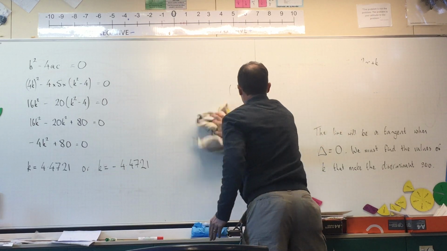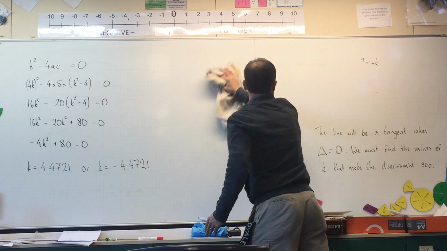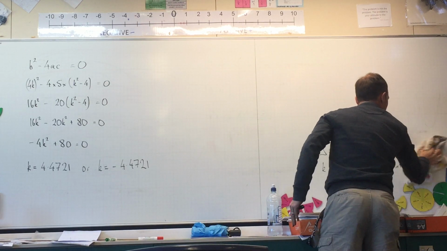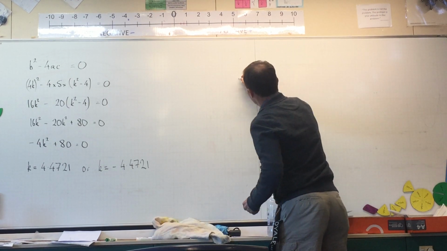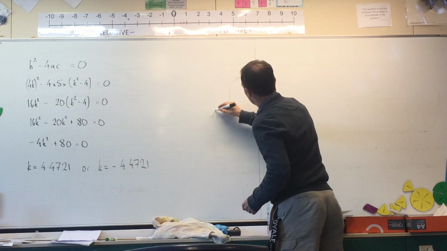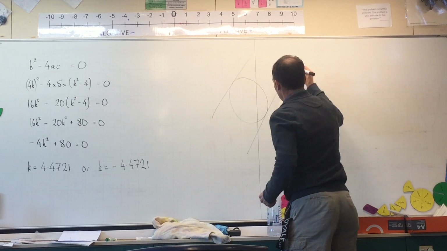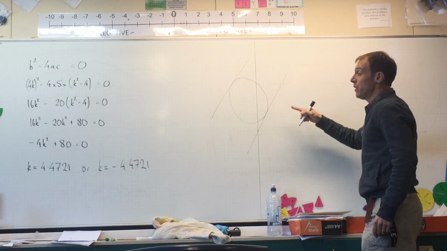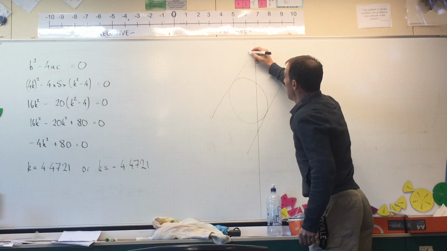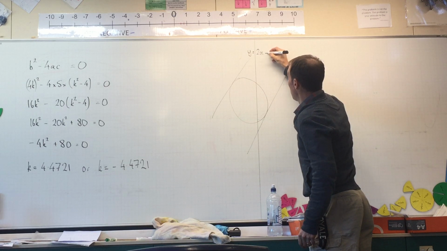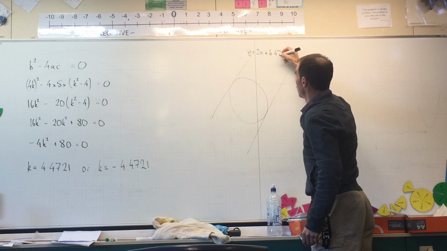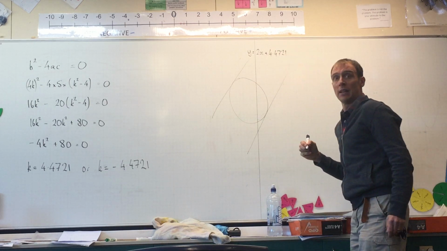And let's redraw the picture. So, our picture looks like this. And now we know that this is y equals 2x plus 4.4721.